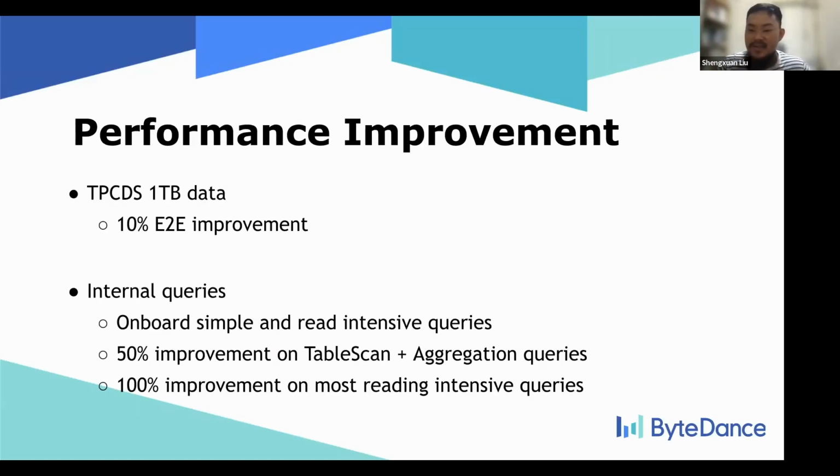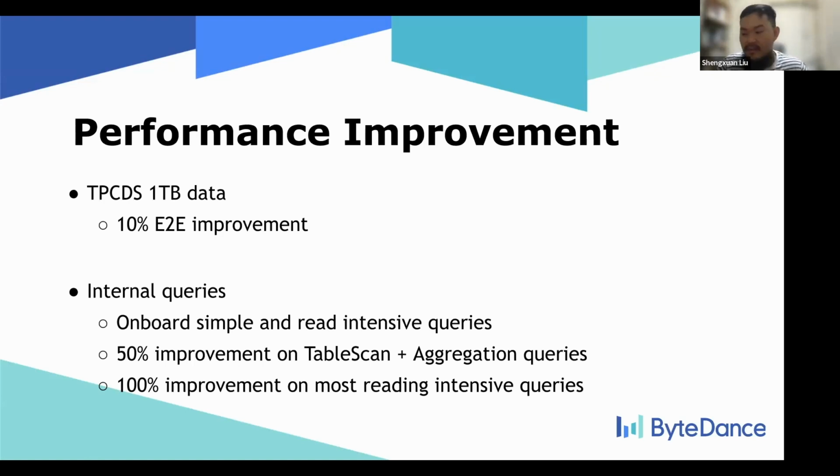I have introduced our integration of Presto with the Alluxio Local Cache, and here are the performance results. Firstly, for the TPC-DS 1 terabyte data, we observed a 10% improvement for the end-to-end executions. However, in reality, simple queries are more suitable for the Presto local cache.